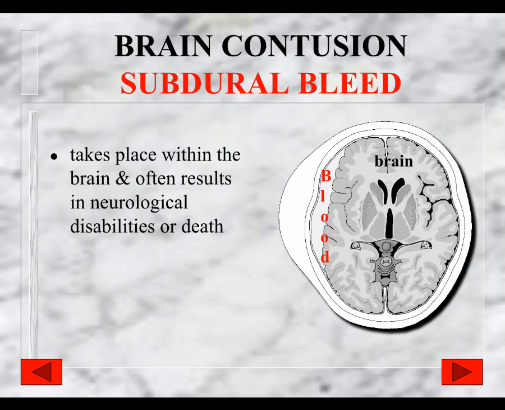Okay, so now you're seeing a subdural bleed, and that takes place within the brain. It often results in stroke-like symptoms, where if it's on the right side, they may lose some function of the left side of their body. They may have speech issues. They may have vision changes.